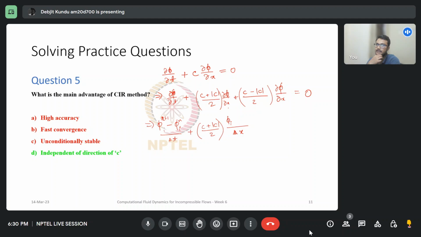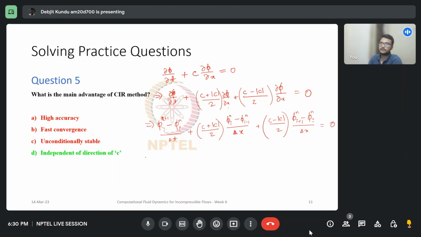So we have i minus 1, both at the nth time level, and here we will use forward in time, forward in space formulation. So we will have i plus 1 minus phi at i divided by delta x, both at time level n, equal to 0.